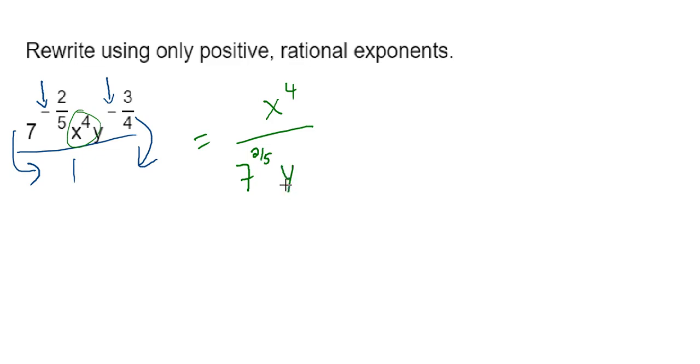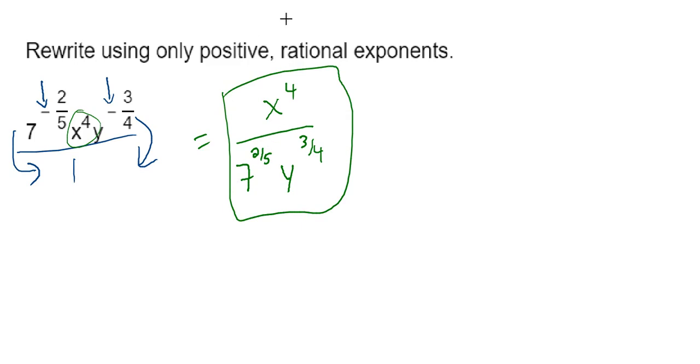And when we bring the y down here, this negative exponent becomes positive. So it becomes positive 3/4. And now this meets all the criteria. There's no negative exponents. There's one of each variable. And this number can't be simplified. 7 to the 2/5 power, that's a 5th root of 7 squared, which will be a 5th root of 49. That doesn't even simplify, and so we could just leave it the way it is. All right.